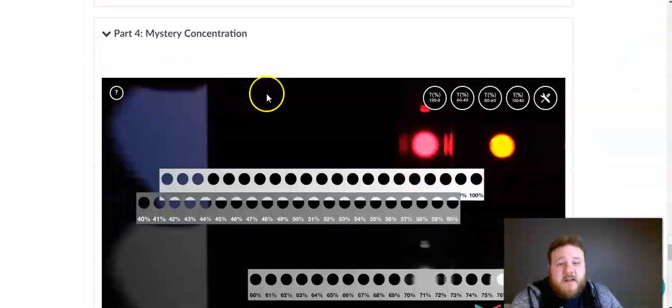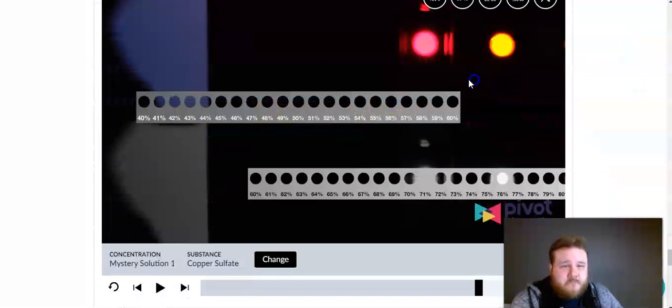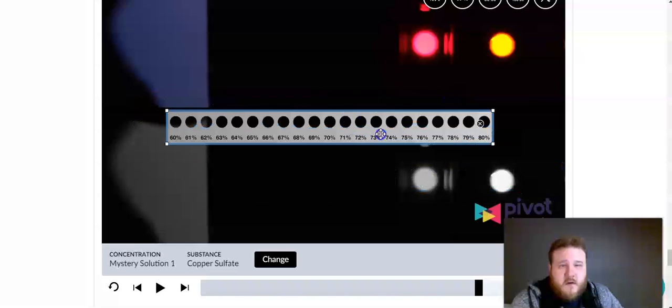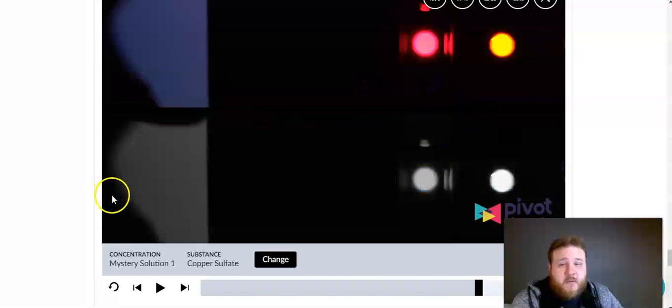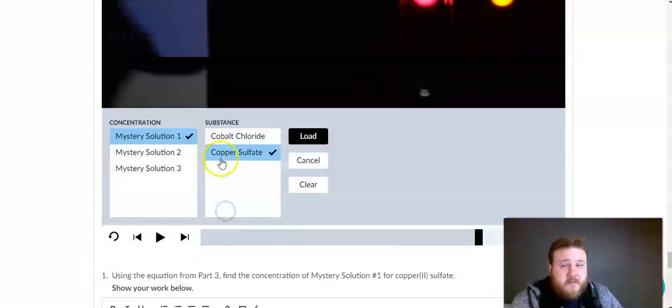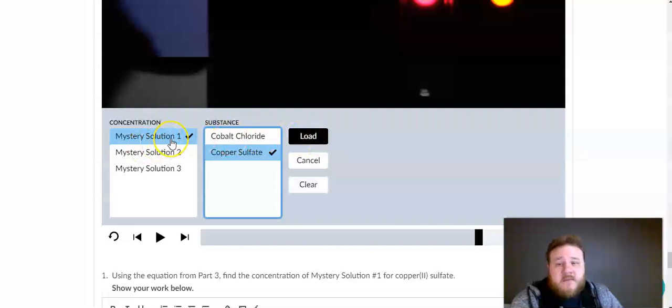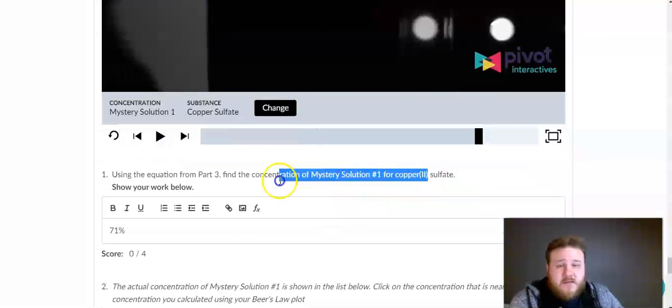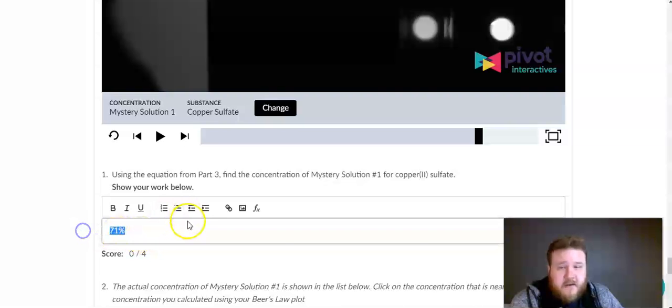Now we have the mystery concentration. Again, we want to stick with the substance that we were just doing, so if you were using copper sulfate, stick with copper sulfate. And mystery solution 1, it kind of doesn't matter which one you choose, but the instructions right here ask for mystery solution 1. I already did it. I got it to be about 71%.